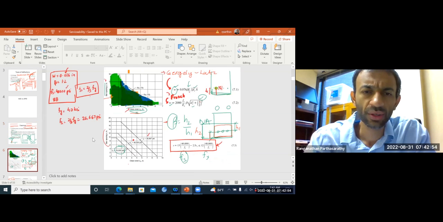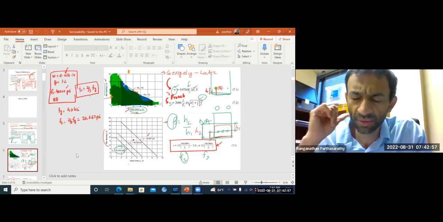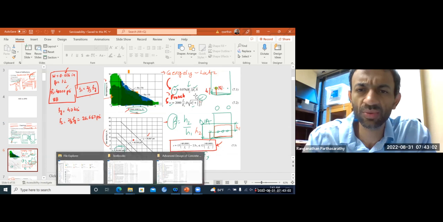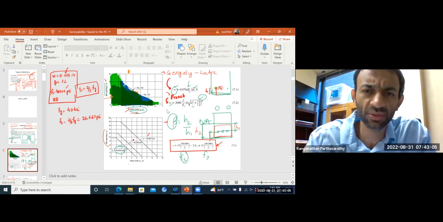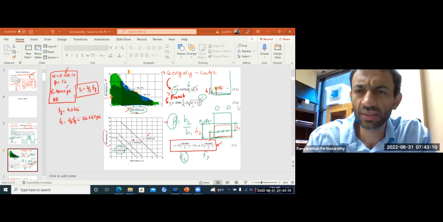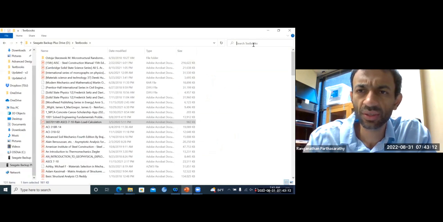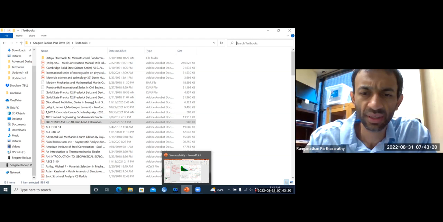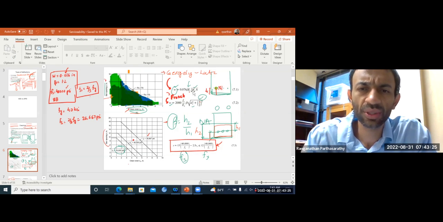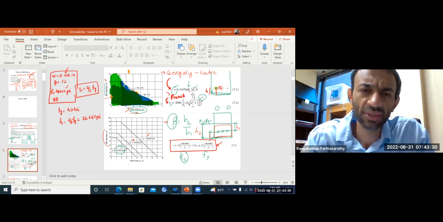Now, we said the information in the code is mainly coming from two sets of research. One is by Gergely and Lutz, and one is by Frosch. So let's get the 318 open there. Both of them account for your bar spacing versus clear cover.